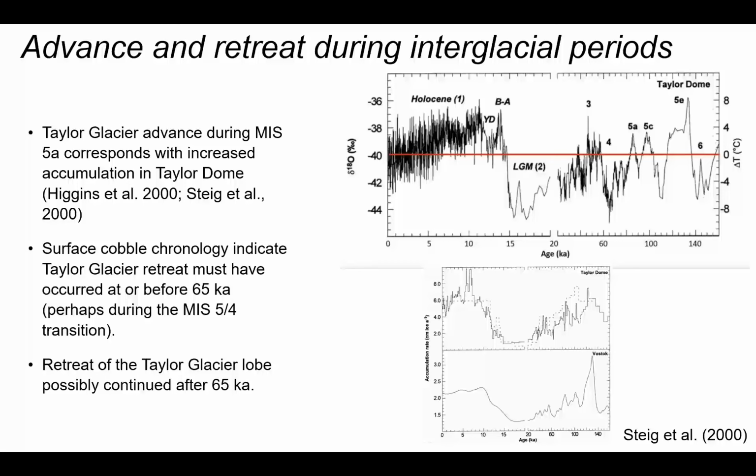We don't have any data after 65,000 years, but it's possible that retreat of the Taylor Glacier lobe continued after 65,000 until the LGM, where it was at its minimum, and has subsequently advanced since then.